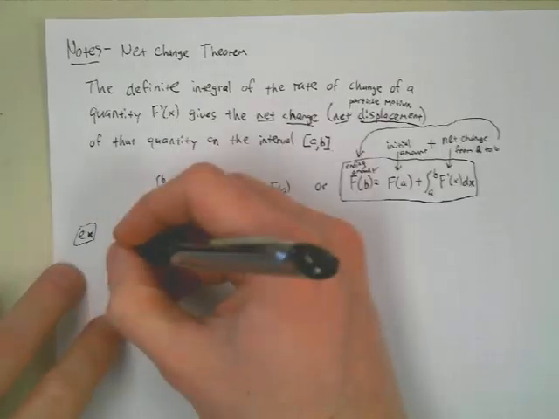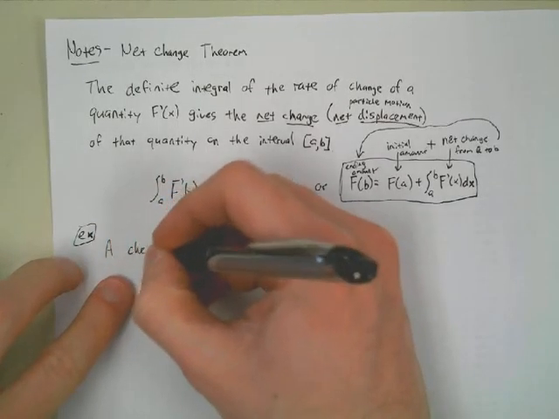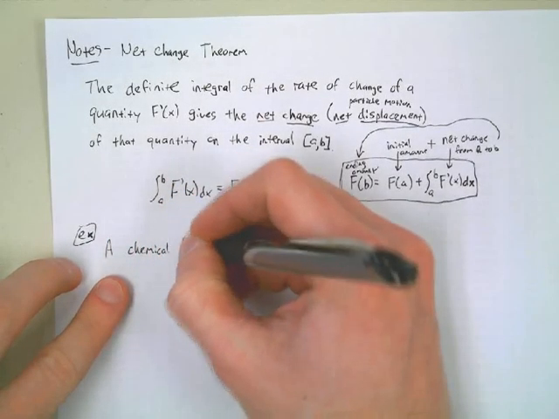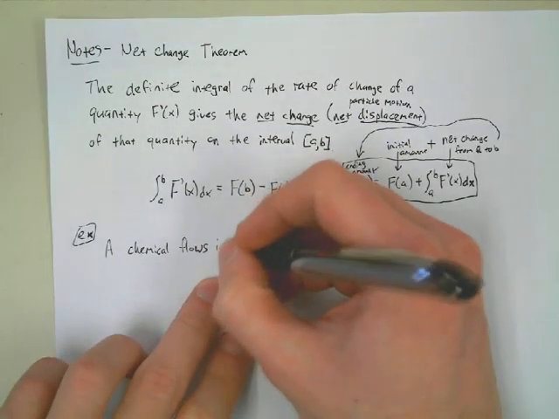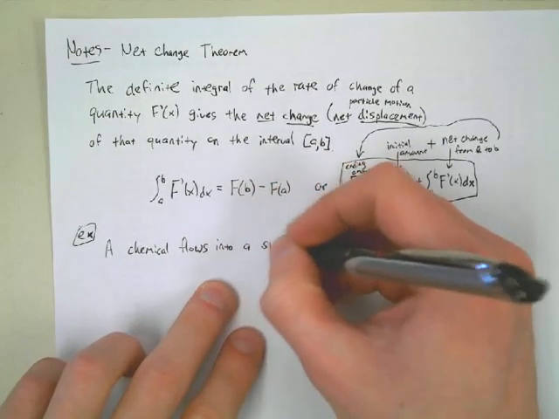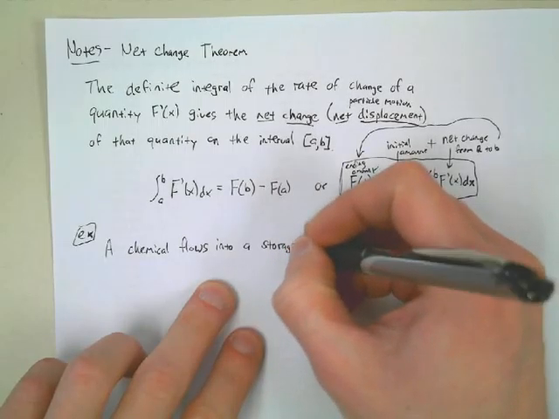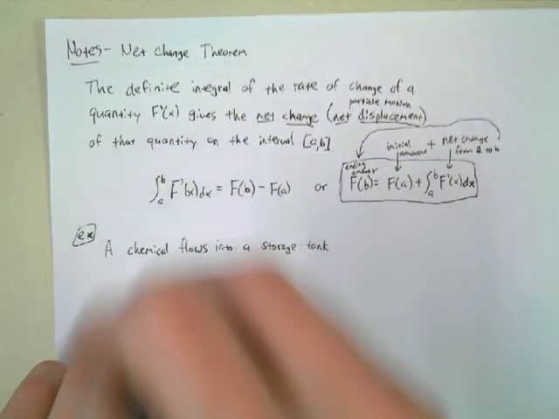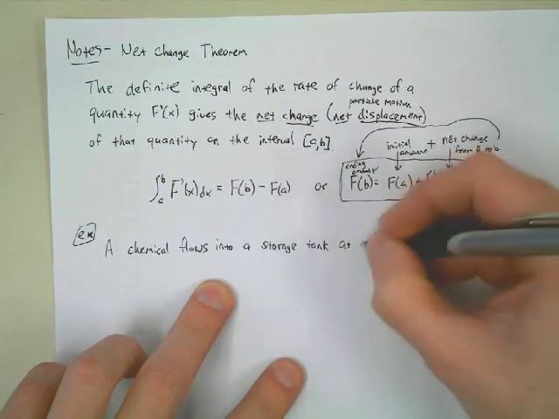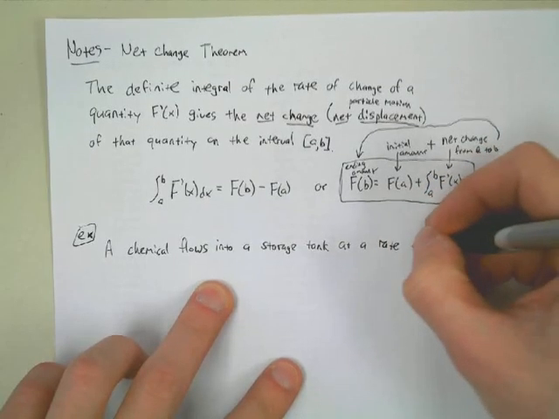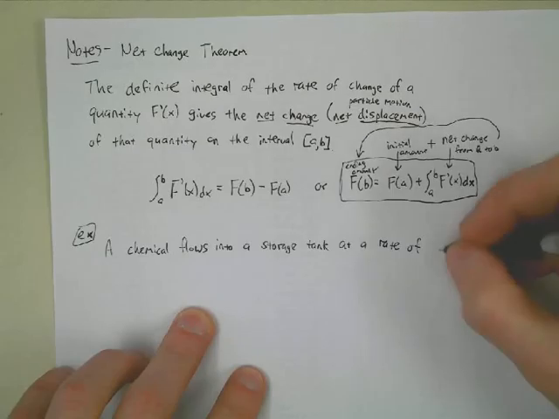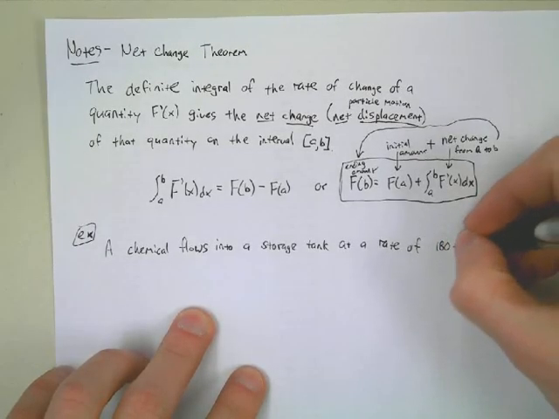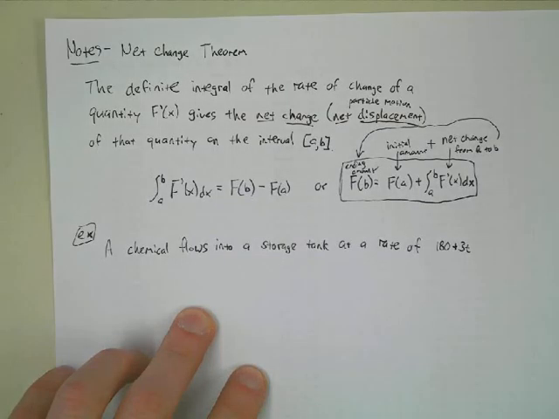So, for example, a chemical flows into a storage tank at a rate of 180 plus 3t liters per minute.